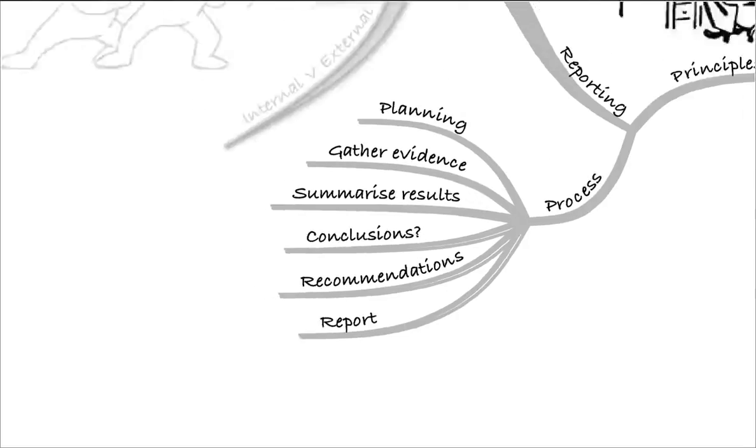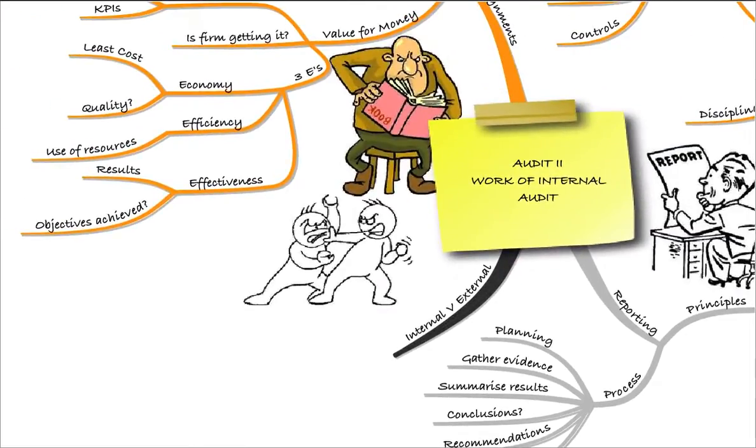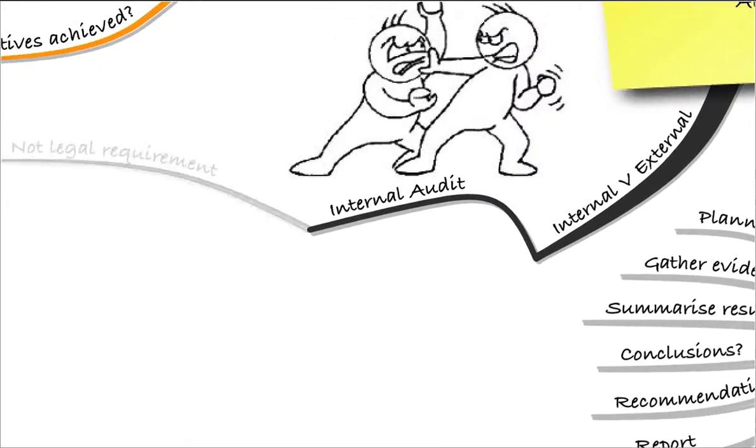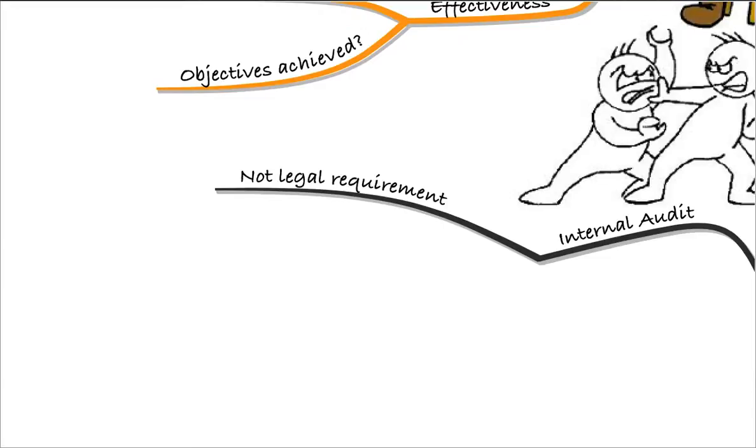Make sure that you have a clear understanding also of the differences between internal audit and external audit, because they are quite different. Firstly, when it comes to internal audit, well, internal audit is not a legal requirement. So it is recommended that companies under the UK Corporate Governance Code assess the need for internal audit annually, and most companies will have an internal audit function, but it's not a legal requirement.